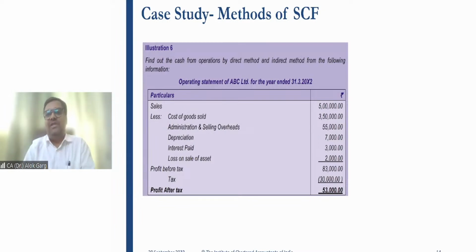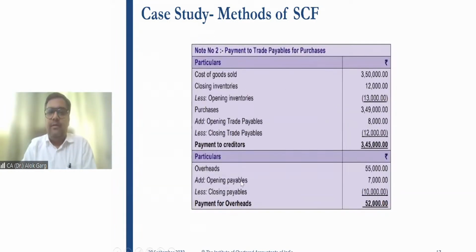How much have I purchased, right? So cost of goods sold is 3,50,000, means the goods I have actually sold are worth 3,50,000 rupees. Still, I have an inventory worth 12,000 rupees, but I was having an opening inventory also worth 13,000 rupees. It means net purchases which I have made during the year is 3,49,000 rupees.